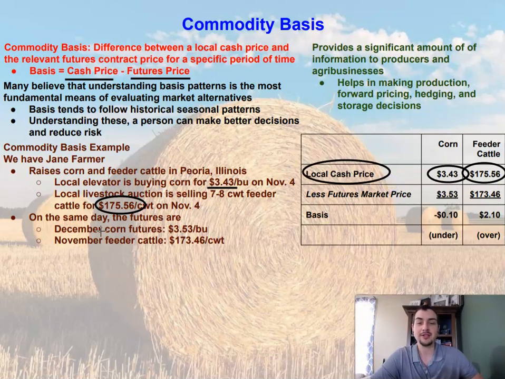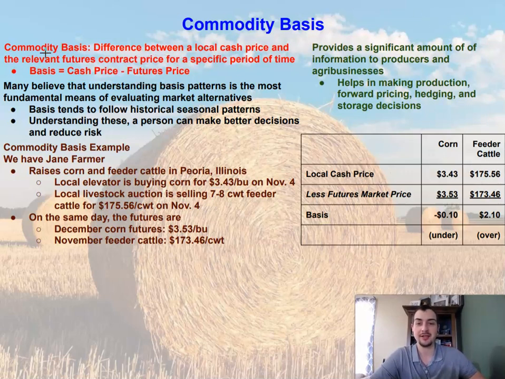So what else do we need in order to calculate this commodity basis? Well, we need our futures price. On that same day, when they look up the local cash price, they also look up the futures price for the relevant contracts. That's another key aspect.